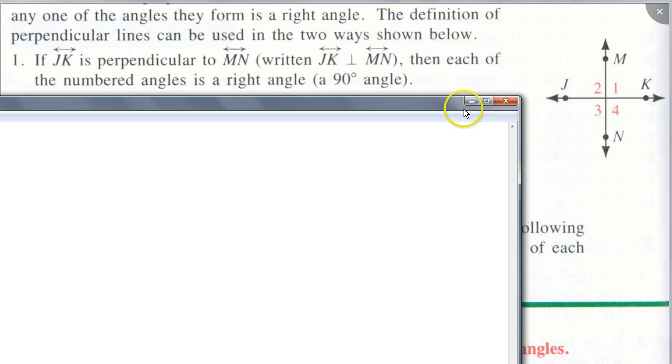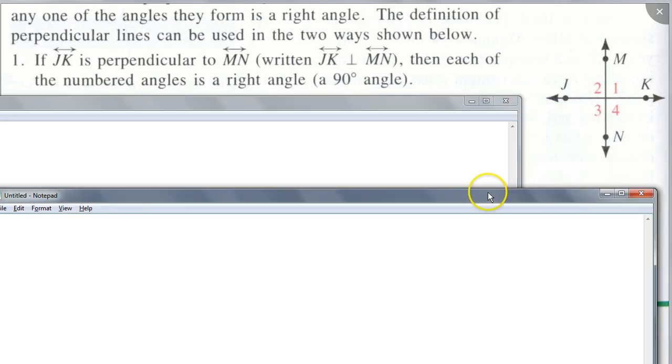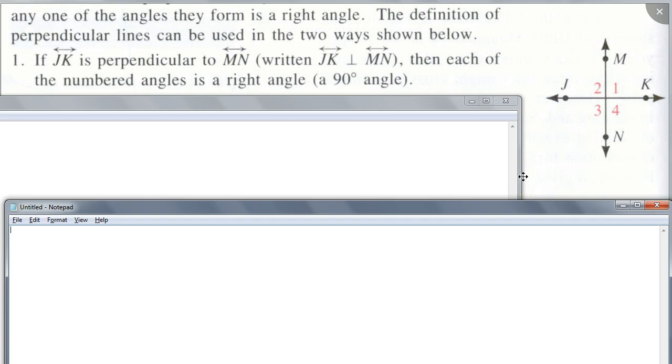They're all 90 degrees. If you know that the two lines are perpendicular, then of course all the angles those two lines create are 90. So that's one of the ways of using the definition. Write it down.